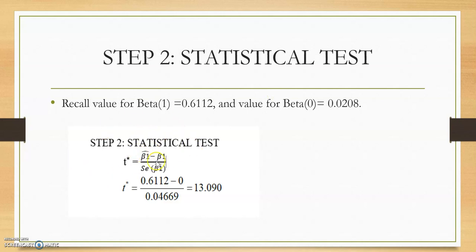Beta 1 is 0 because the hypothesis says that beta 1 equals 0. So SE beta 1 will be used here. Just substitute the numbers into the formula. We finally get the value for the statistical test, represented by t star, which is 13.090.